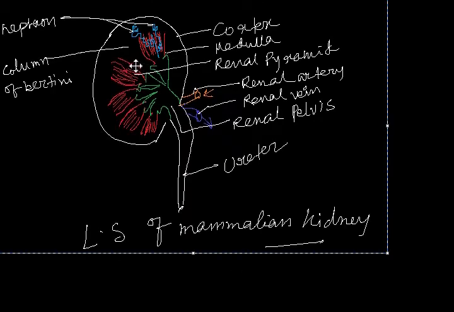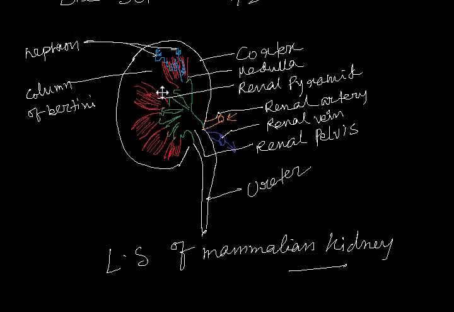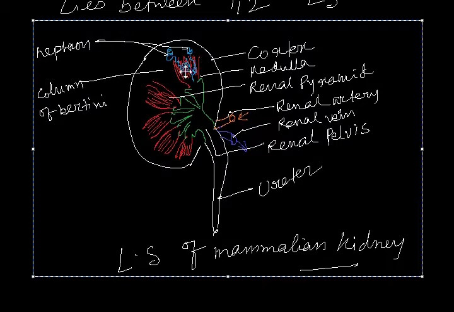Here is the detailed structure of the mammalian kidney. By longitudinal section, the mammalian kidney reveals its structure. Each kidney is composed of two basic parts.